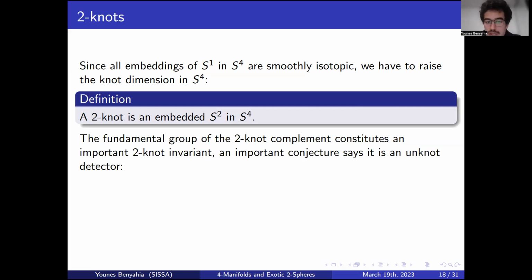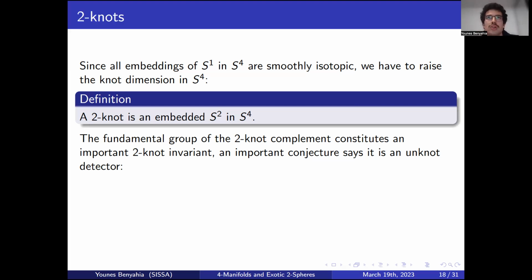So if 2 knots are equivalent, they will have the same fundamental group of the complement. It's an invariant, but it's not the full one, because there are knots that have the same fundamental group of the complement, but they are different knots.